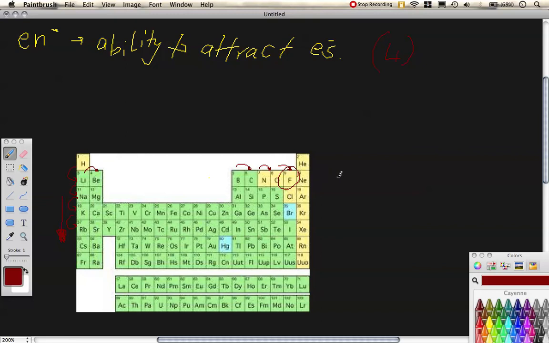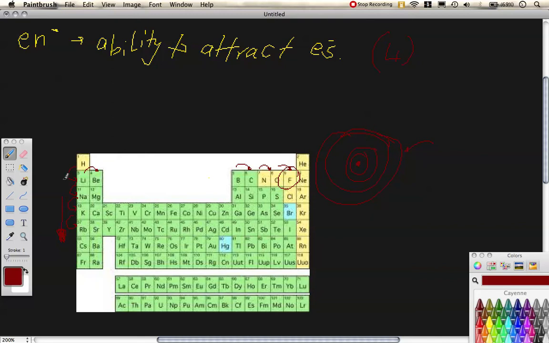Those extra energy levels mean that the atoms become larger, and therefore when you've got, say, 4 energy levels, it's harder to attract electrons because they're further away from the nucleus, and that core charge diminishes in its ability to attract anything.